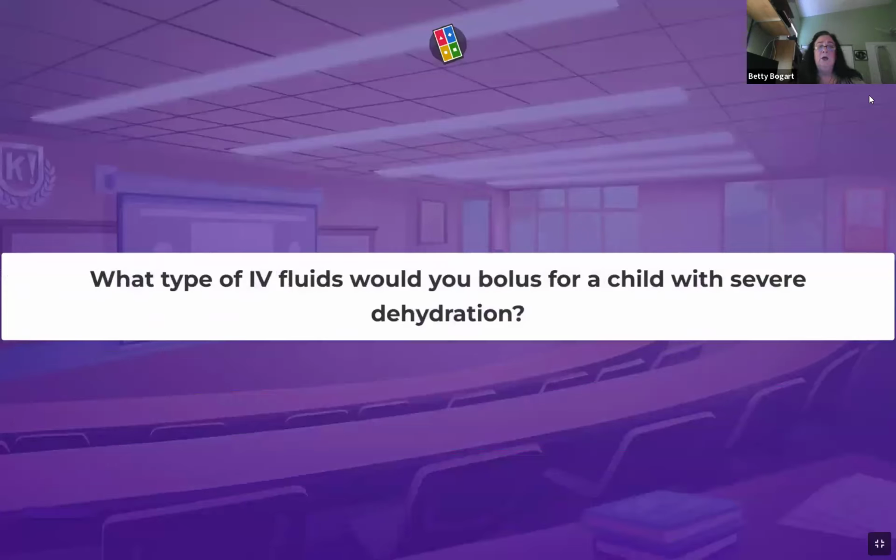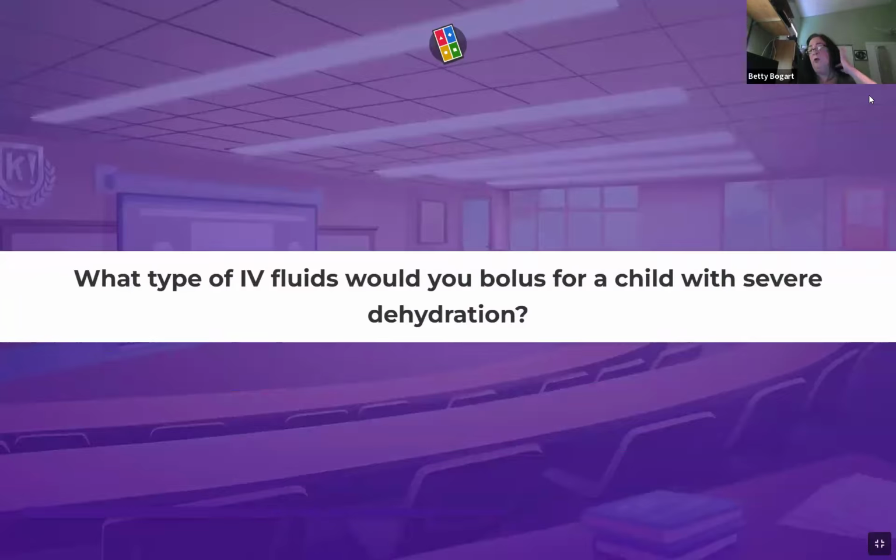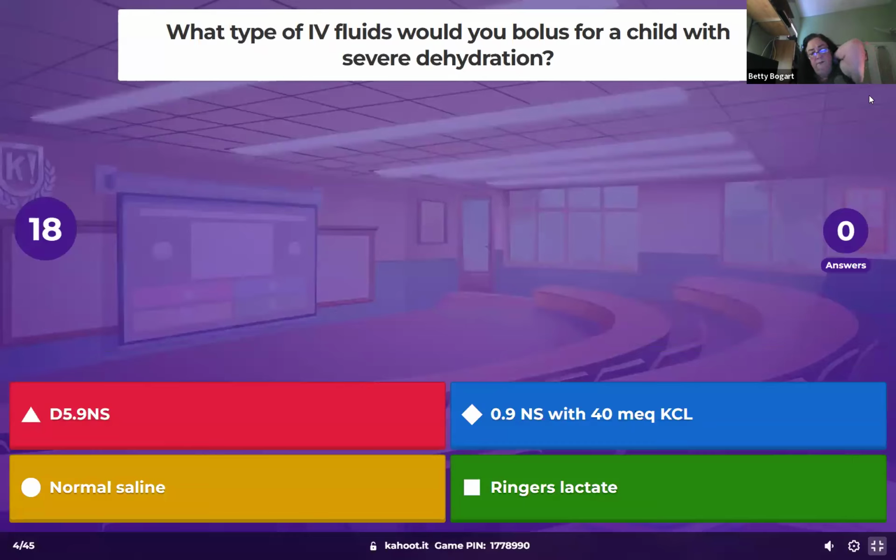Multi. What type of IV fluids would you bolus for a child with severe dehydration? And these are fluids for severe dehydration, adults or children, it doesn't matter.